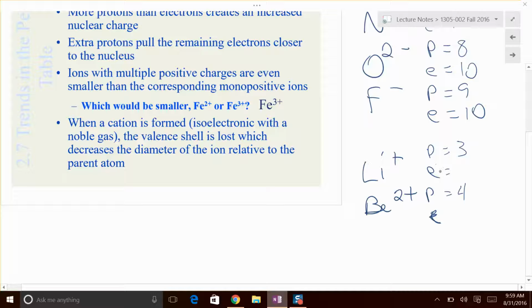How many electrons are in a lithium plus? How many in a beryllium 2 plus? Who has more protons? Beryllium. Beryllium's going to pull those 2 electrons in tighter. 2 electrons to those 4 protons in the first energy level, it's going to pull them in super tight. It's just going to decrease the size of that beryllium dramatically. Okay?